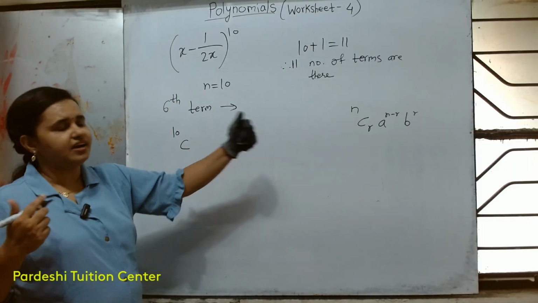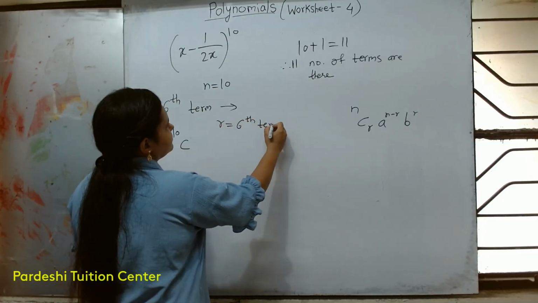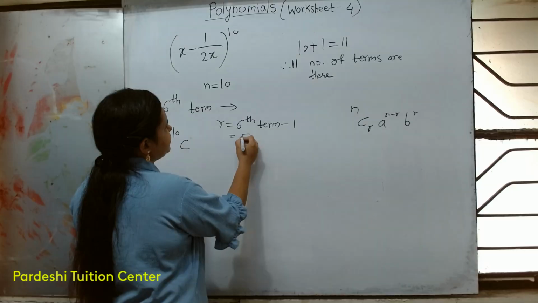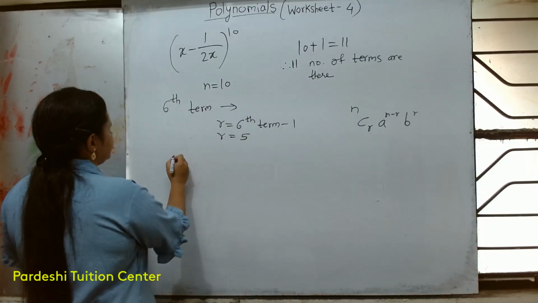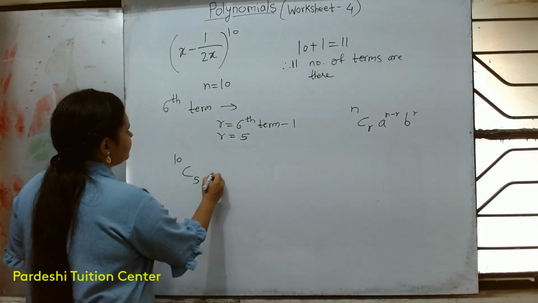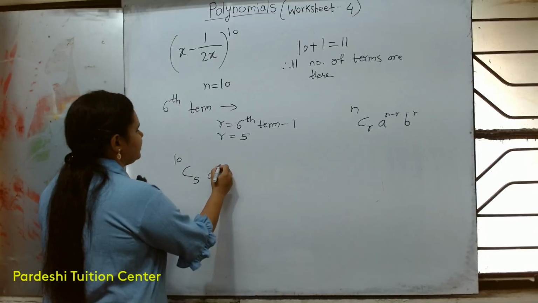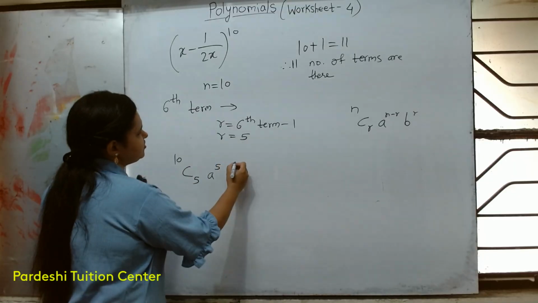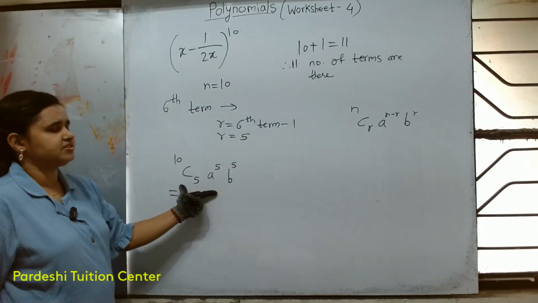To find r, it will be the sixth term minus 1, that is 5. r will be equal to 5. So I can write n is 10 and r is 5. Now a to the power n minus r, that is 10 minus 5, that is 5, and b to the power r, that is b to the power 5. Okay, and we have to find this term. This term is the sixth term.